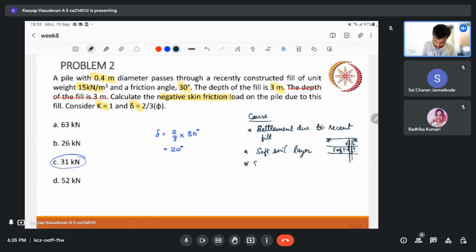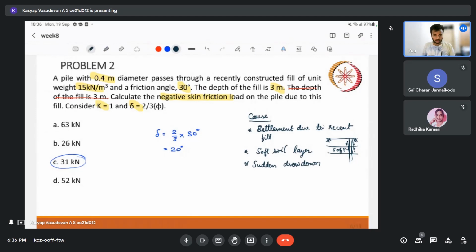Another thing is sudden drawdown of water. We all know it's quite a famous problem, because when the water table is suddenly drawn down, the effective stresses increase because it suddenly becomes the saturated unit weight acting on the different levels.